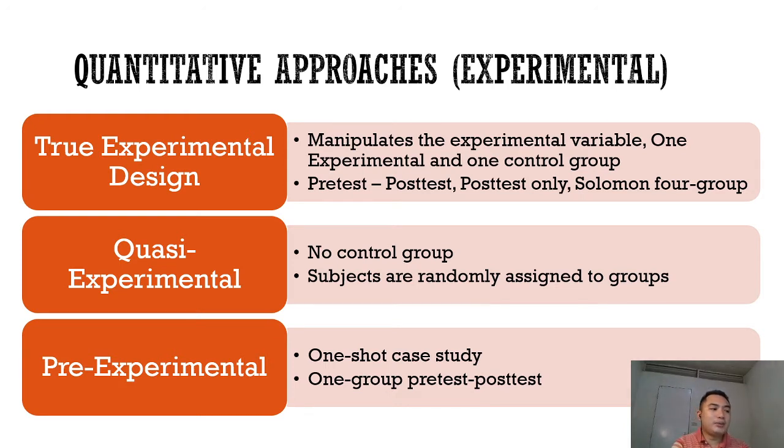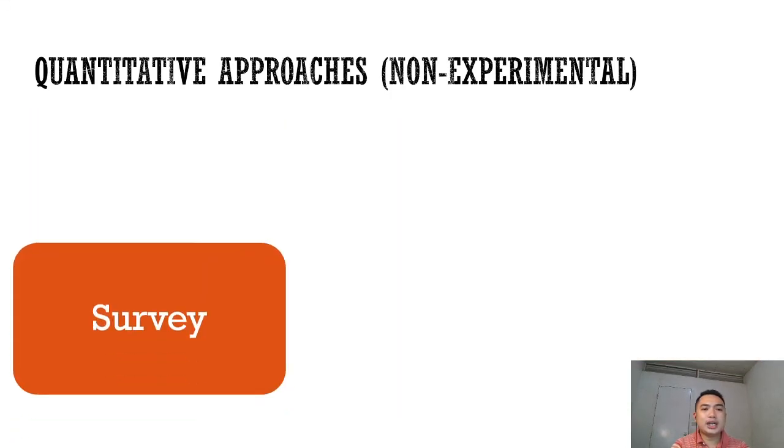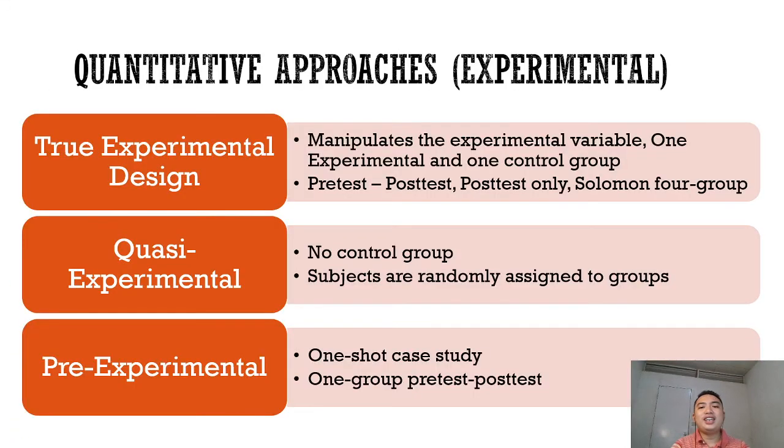So, in experimental, kasi, we do experiments na wala sila kabalo. Okay? It would be best if they don't know anything na gina-experimentuhan din sila. Okay? In order to avoid what we call as Hawthorne effect.